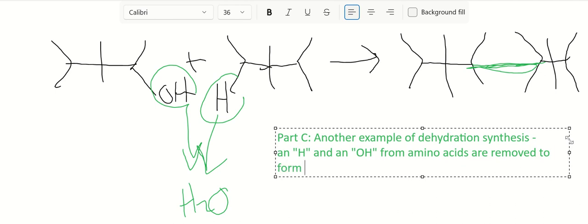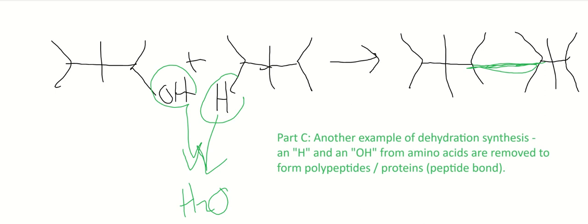Now, polypeptides are what proteins are before they are folded. But you can say proteins. And that bond specifically is called a peptide bond. So this here is called a peptide bond. It's a little bit more complicated with a nucleotide, so I would go with this example.